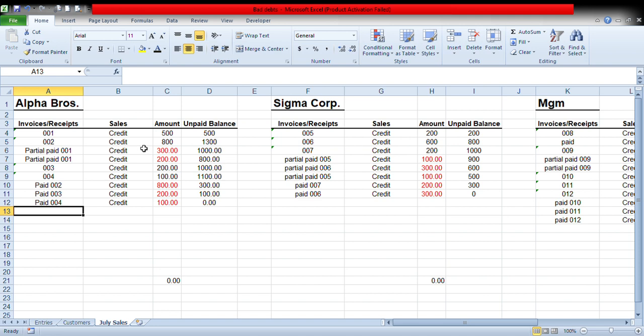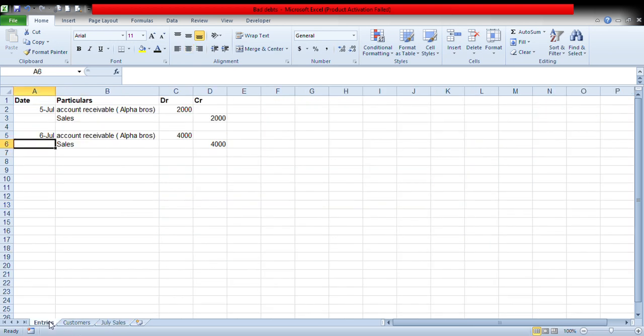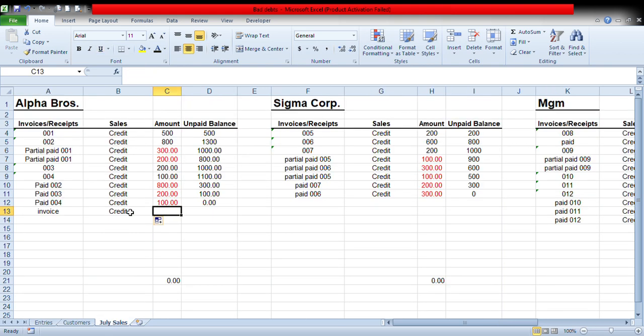No cash sales. What I will do is create an invoice, and credit. What is the amount? Definitely the amount is 2000, first.